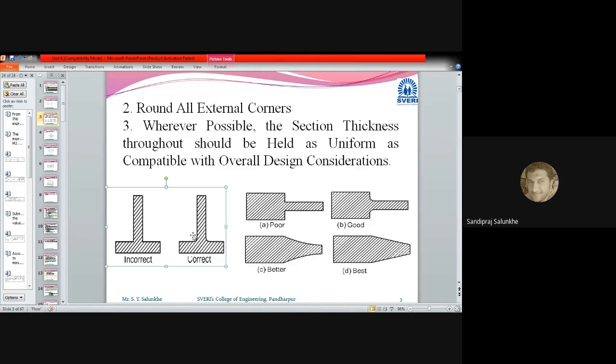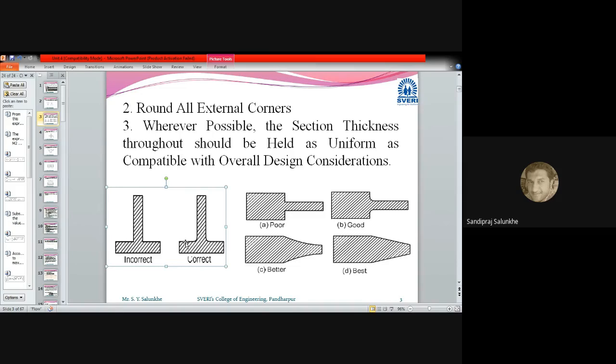Instead, if we use some radius and avoid that sharp corner, then it will be better. Because at the time of casting, when material is poured, the sharp corners will not be maintained in that manufacturing process, so they should be avoided.